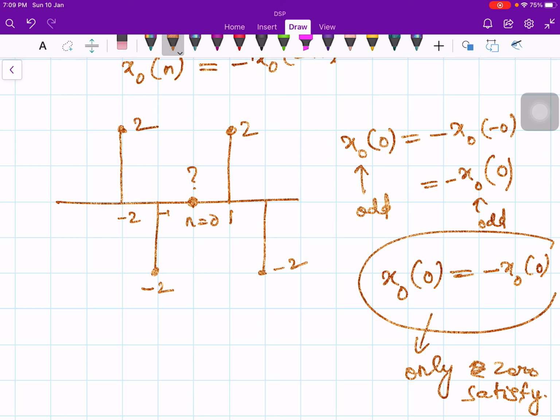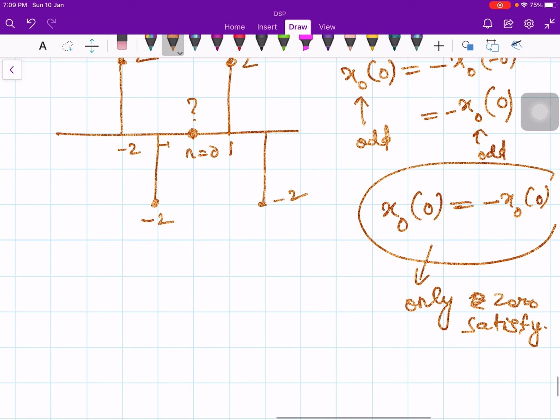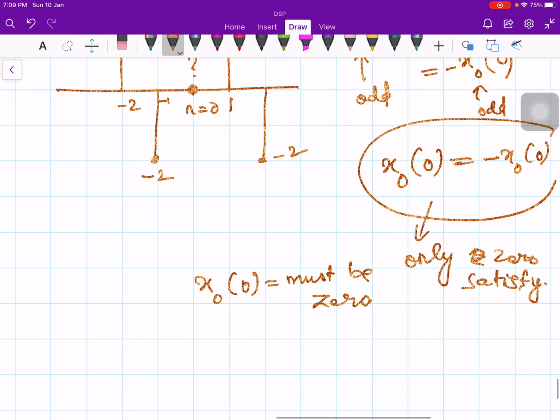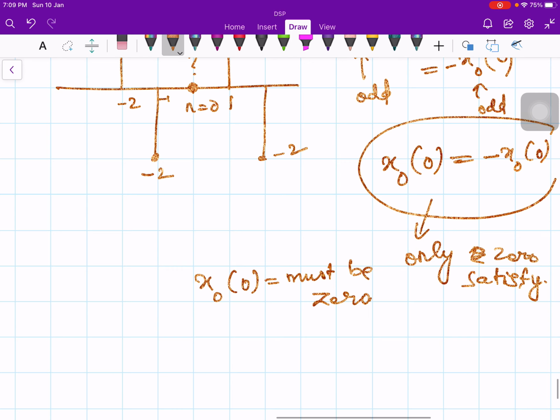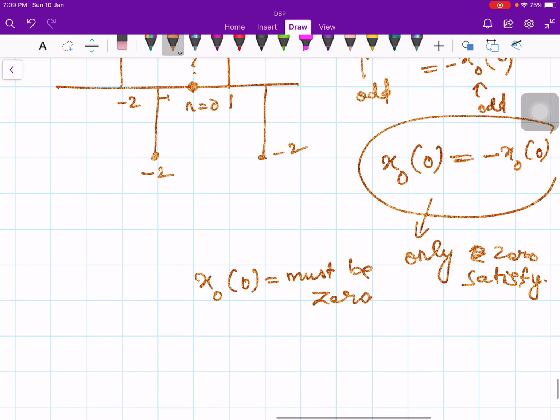The value must be 0 in order to be an odd signal. Okay, therefore x suffix o of 0 must be equal to 0. An even signal can have any value at n equals 0, no issues. And the odd signal must have a 0 value at n equals 0.